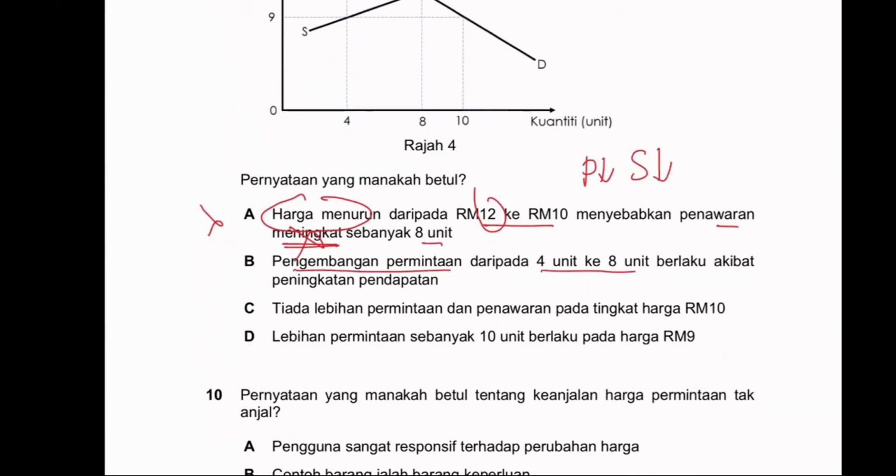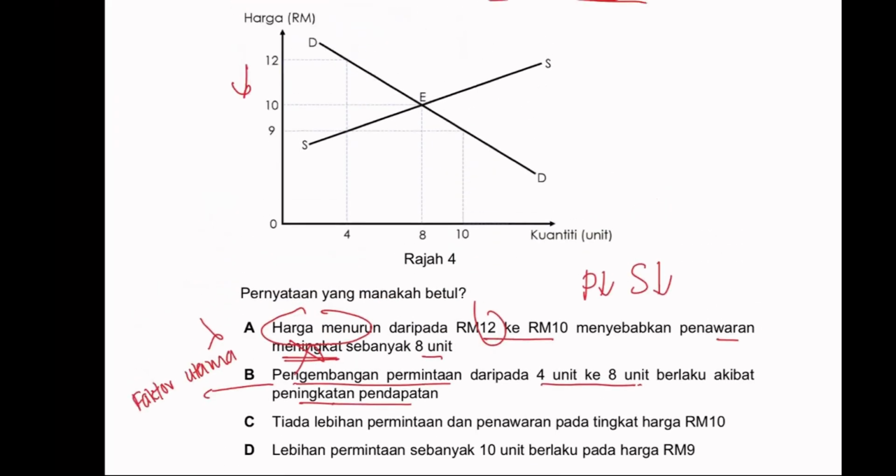Perkembangan permintaan 4 to 8 berlaku akibat peningkatan pendapatan. This one, we don't need to look at, Raja Empat already is wrong. Why? The word perkembangan permintaan happens when faktor utama, the change of price. Okay, in case you cannot link it or you don't know, remember when the change of the price itself, we use the word penguncupan, pengembangan.